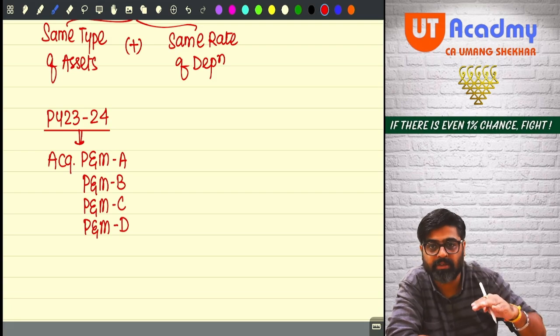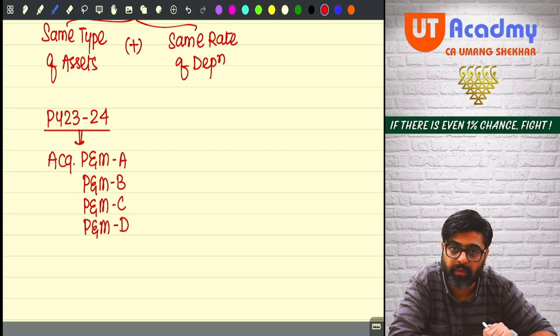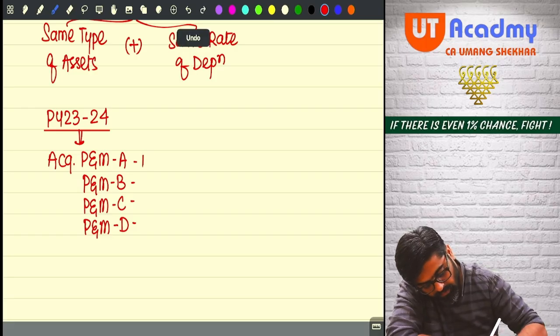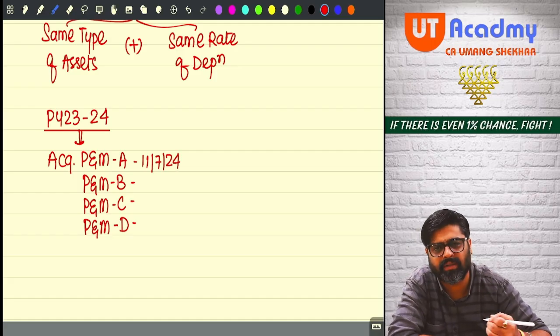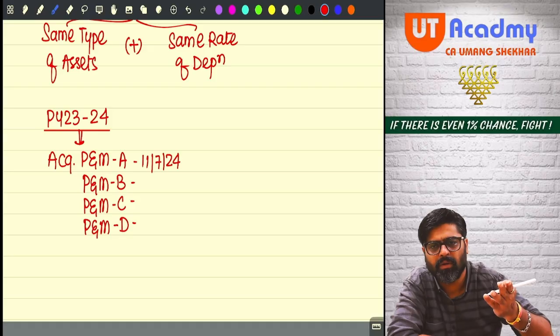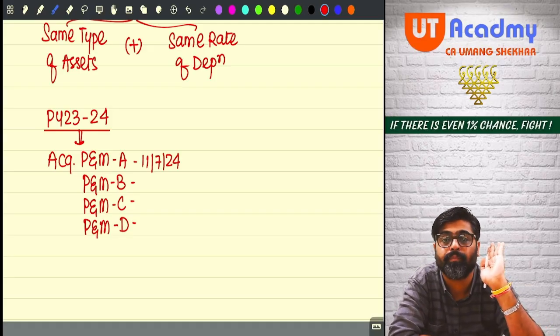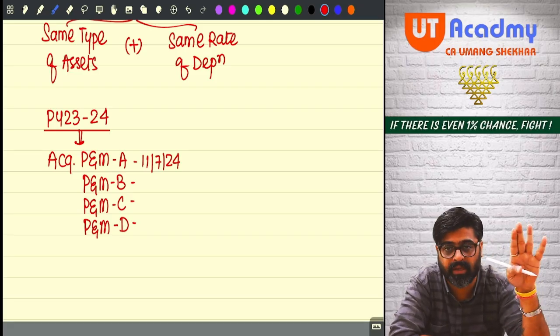And these plant and machineries were acquired in the last year at different dates. For example, A was acquired on 11th July 2024. This is the date of acquisition. And if nothing is mentioned, we will assume that the assets were put to use on the same date only. Otherwise, the date when the assets are put to use will also be given.